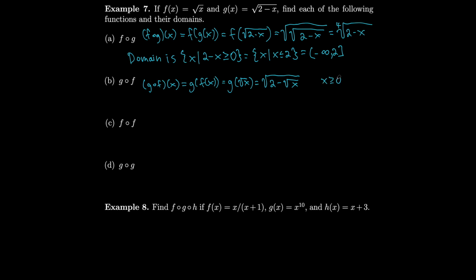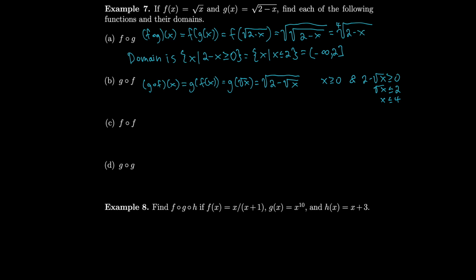We have to be careful: x has to be greater than or equal to 0 and 2 minus square root of x has to be greater than or equal to 0. This is the same as saying that square root of x is less than or equal to 2 as before, so that means that x is less than or equal to 4.